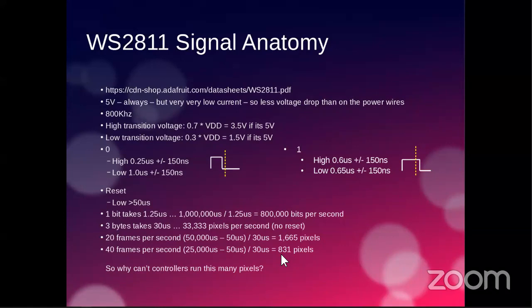But of course, none of our controllers run that many pixels per second. The reason is that there are overheads associated with preparing the data to send out. That overhead varies based on the speed of the controller's processor.